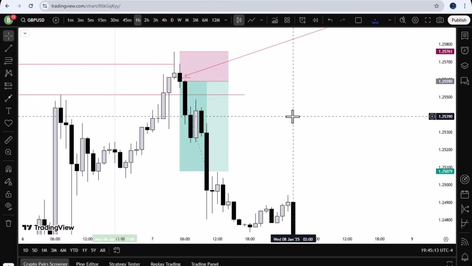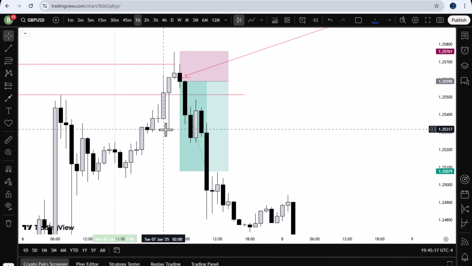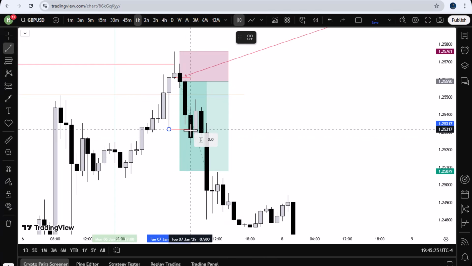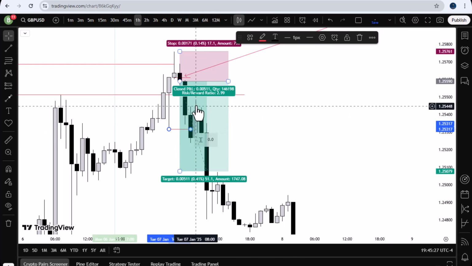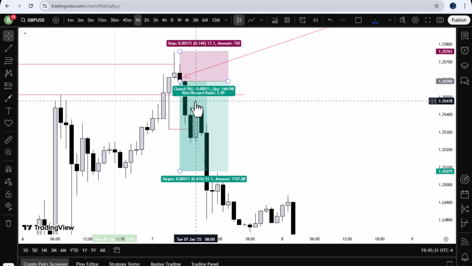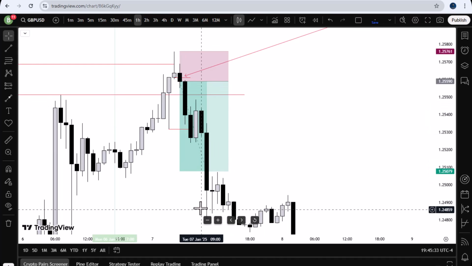Okay, hope you see that. You can also wait for a displacement if you want, like this one. You wait for market to come back to trade to this imbalance that was formed here, and then price goes down.